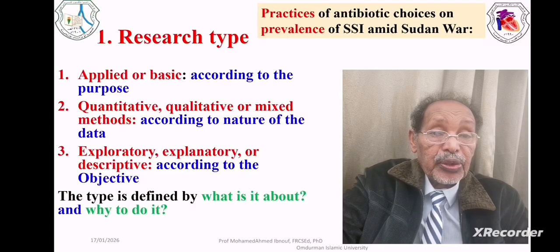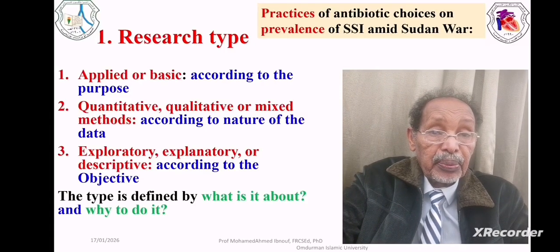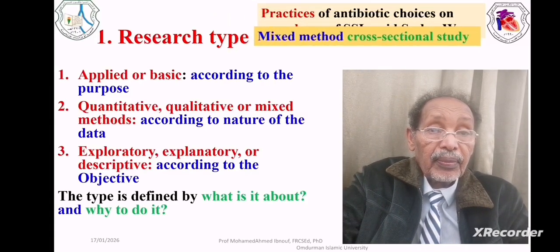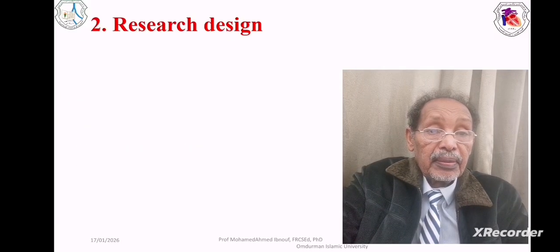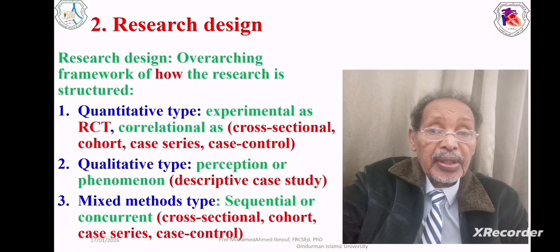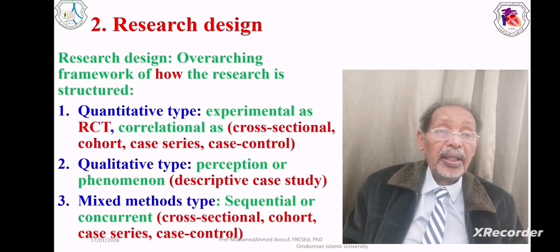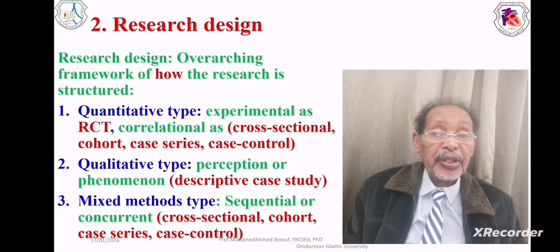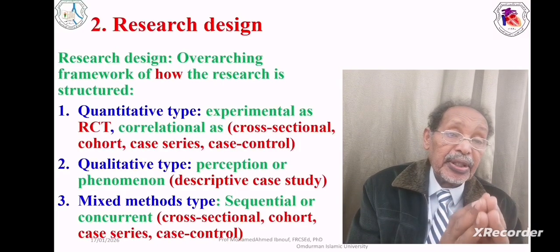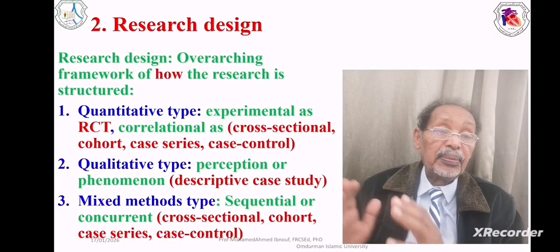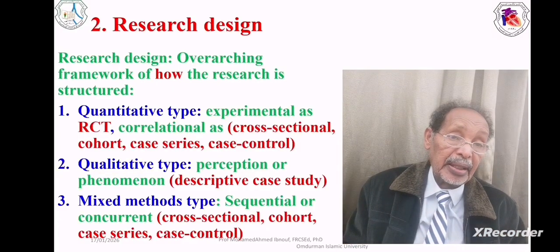Now let us go to the designs and also give examples. The design is the answer of how the research is structured, and it depends on the type of the data.